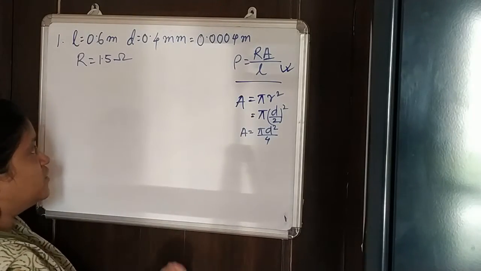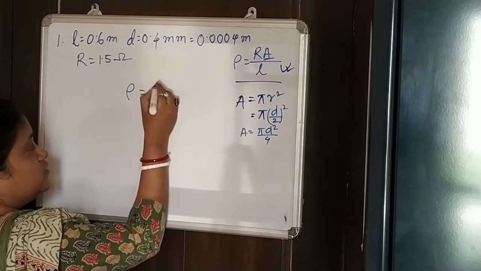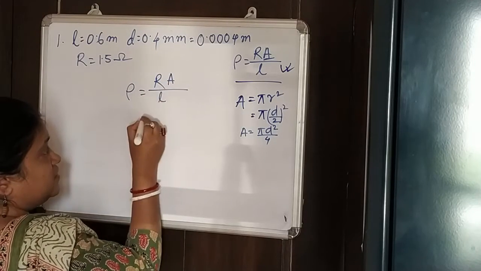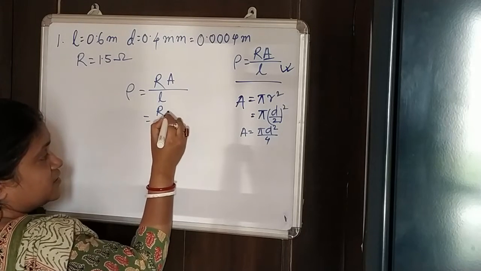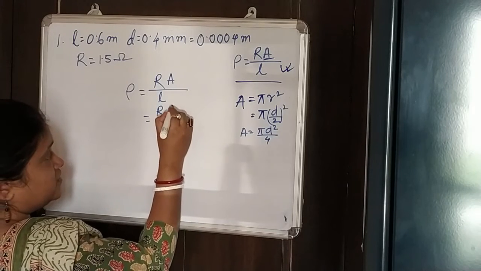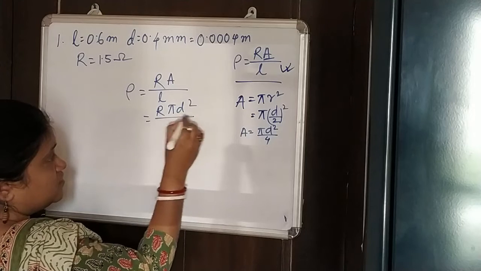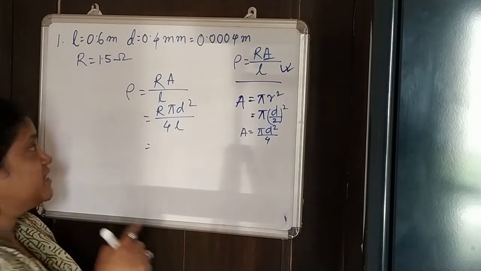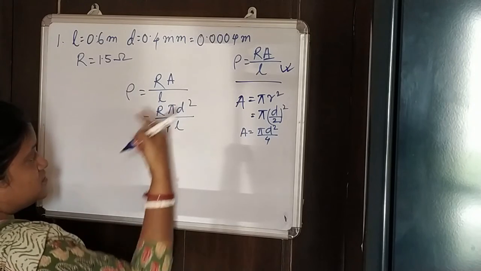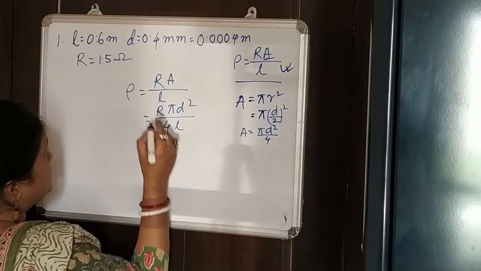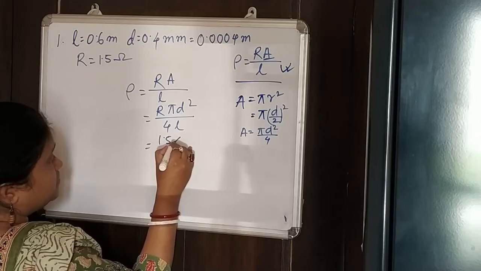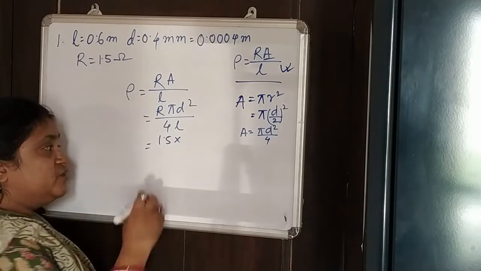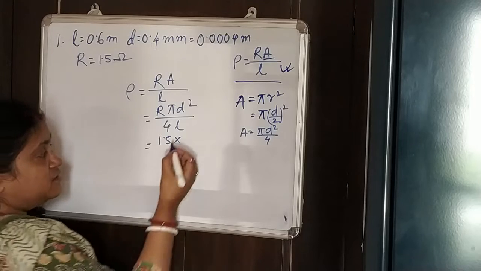So let's solve now. Resistivity equals R into A by L. In place of A we will write pi d square by 4L. Now substituting all these values, in place of R we get 1.5. You see, all these things I have made in SI units. So I'm just plugging in.